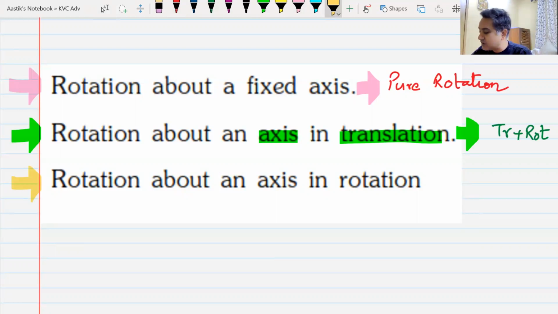Now, this is not in your JEE course, so we'll just skip this part. So, rotation about a fixed axis, rotation about an axis in translation, and rotation about an axis in rotation, which we are not going to discuss at all.